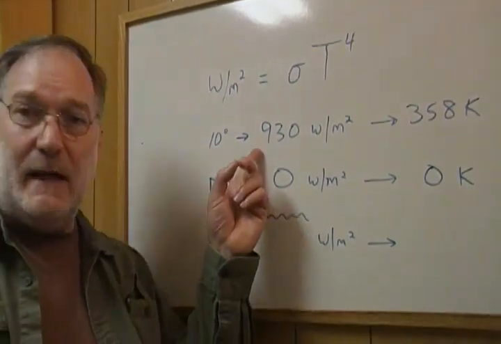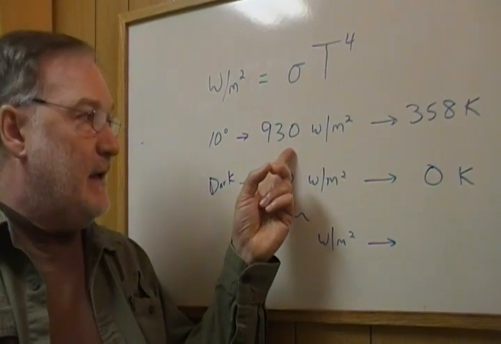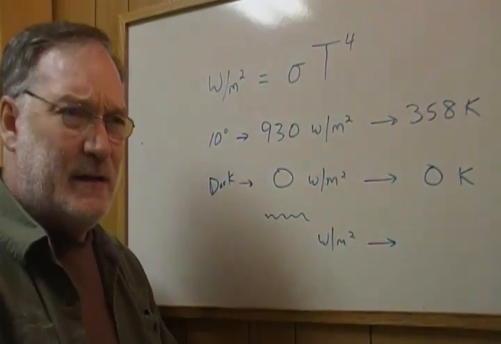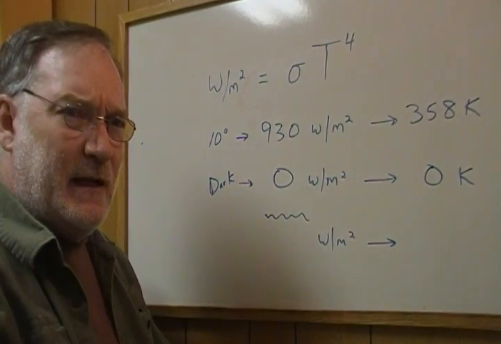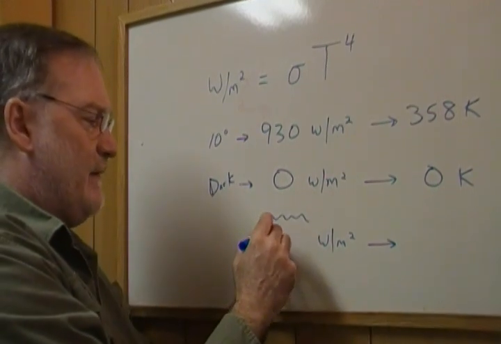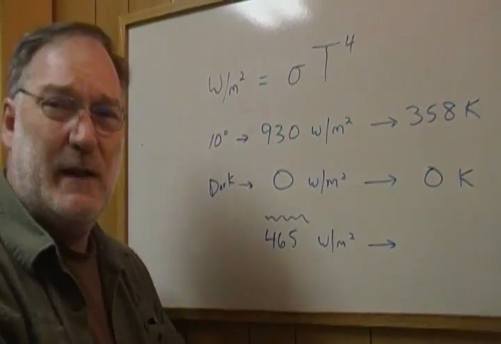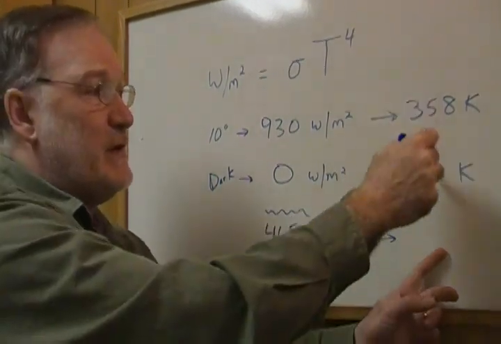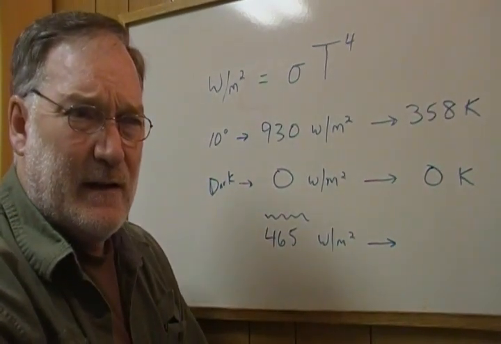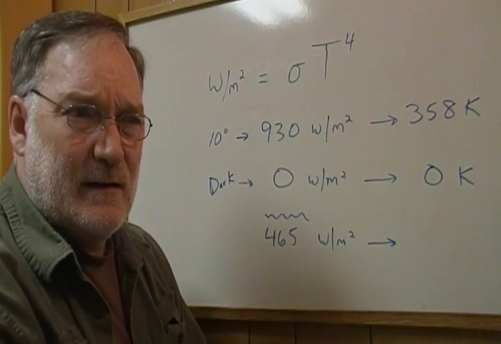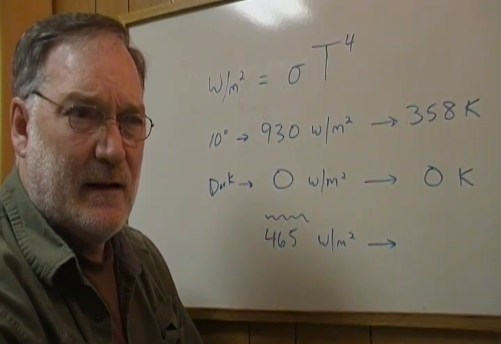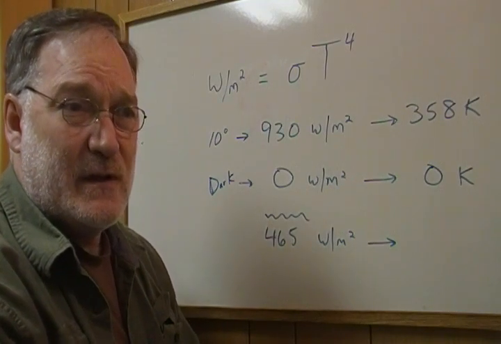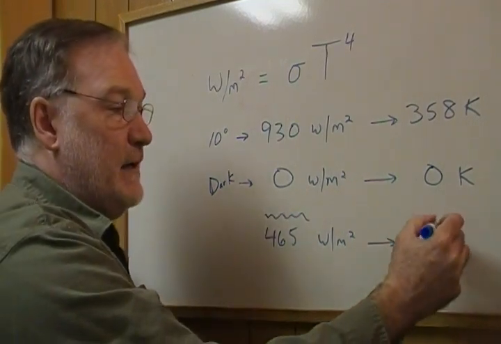So if we take a point on the light side at 10 degrees latitude and average it with another point on the dark side, the average radiation would be about 465 watts per square meter. And if we then try to derive the average temperature of those two points, the average temperature would be 301 Kelvin.